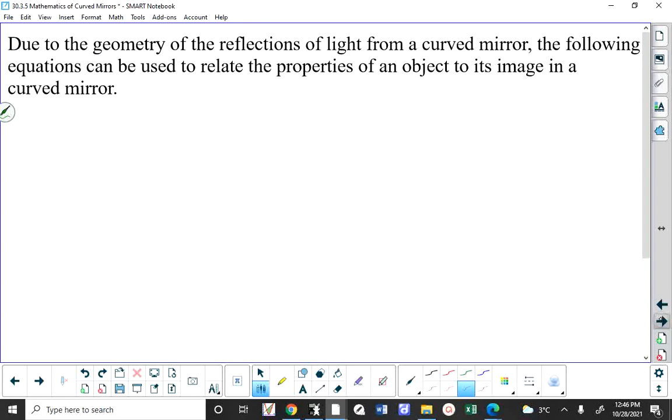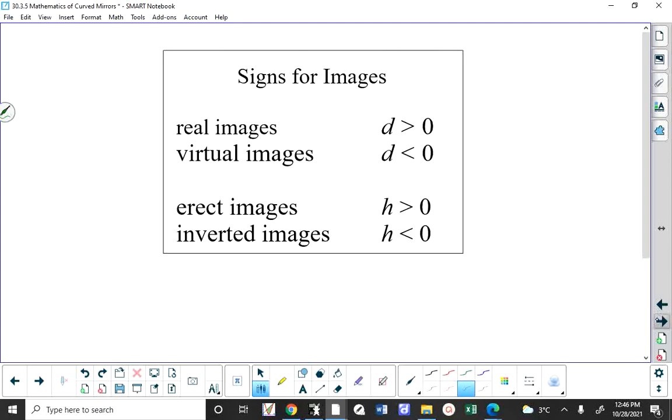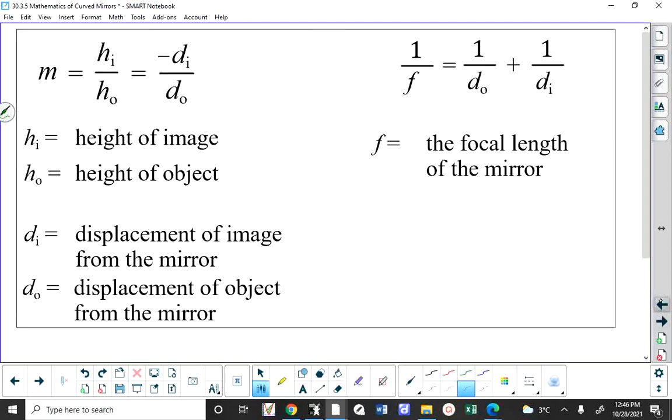So to begin with here, basically because we're dealing with circular mirrors, it turns out that these formulas relate what's going on. So I want to talk about the formula on the left first. And it's a beast of a formula. It says magnification equals the height of the image over the height of the object. And that means exactly what it sounds like. HI is how tall the image is. HO is how tall the object is.